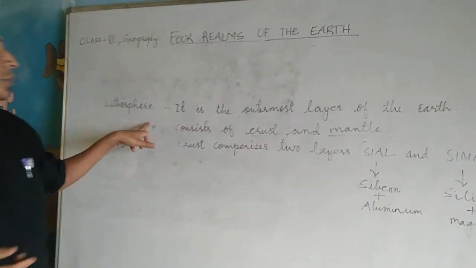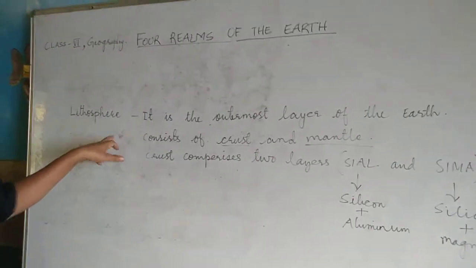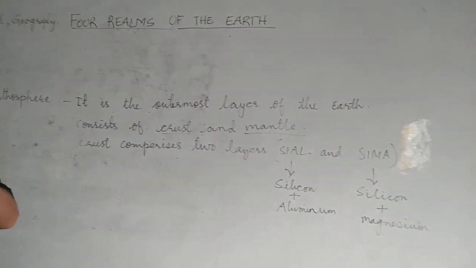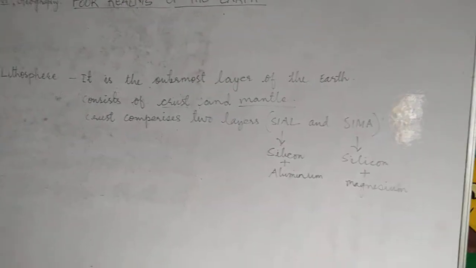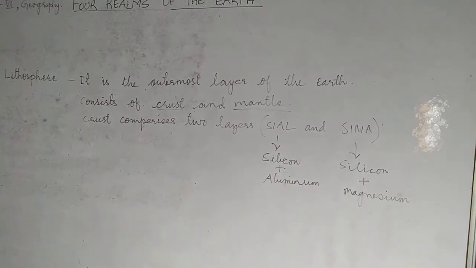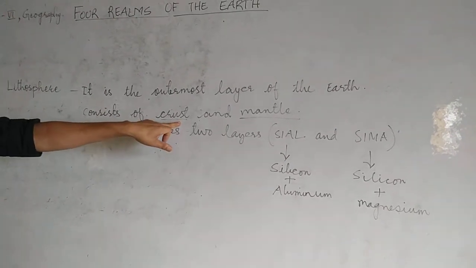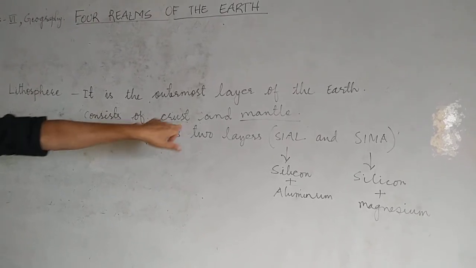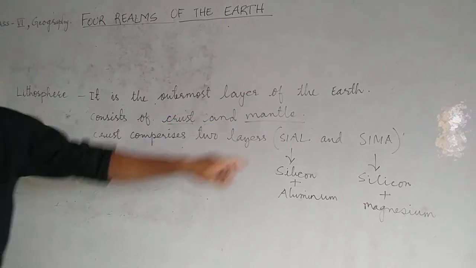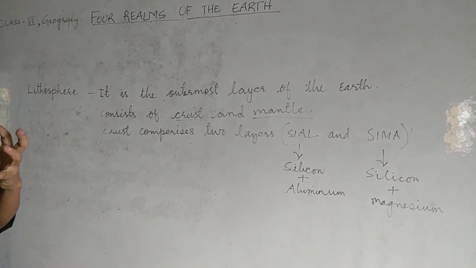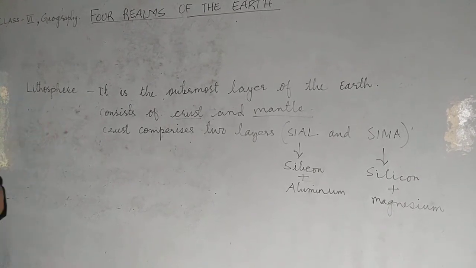Now, lithosphere has three layers in it. The outer solid layer of the earth is the crust. Just below the crust we have another layer, called mantle, and the innermost section of the lithosphere is called core.